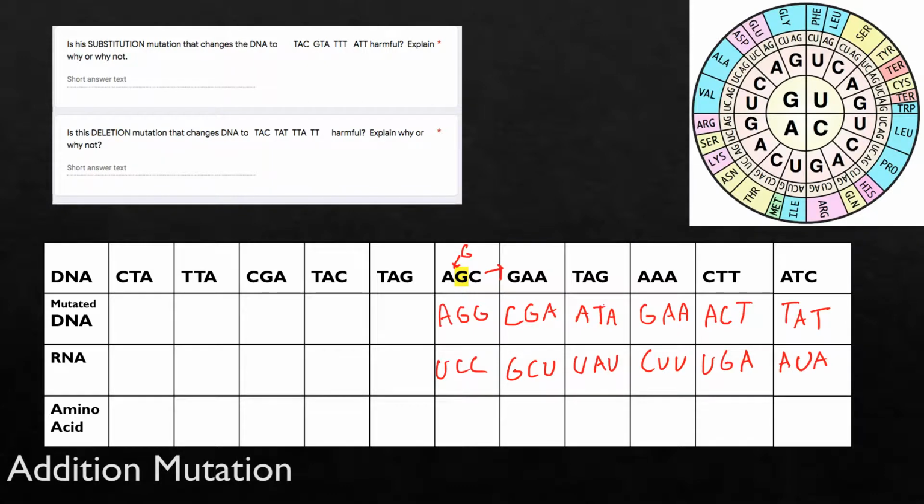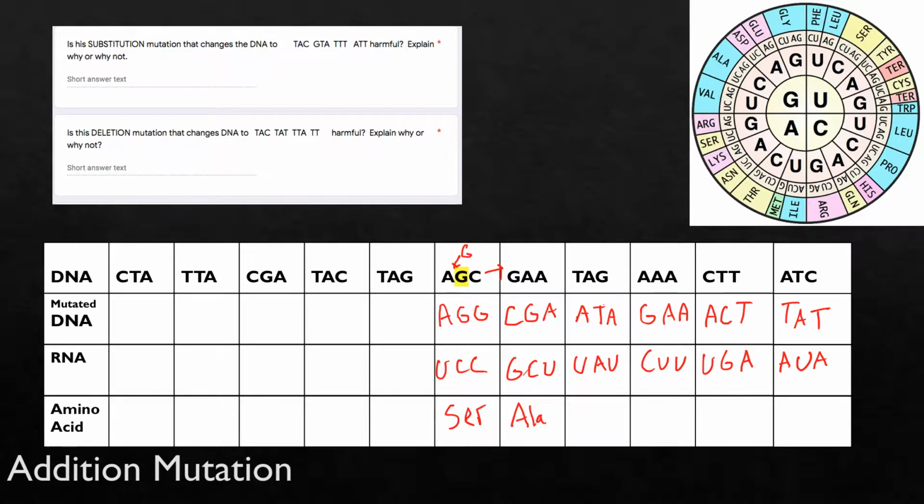So let's take a look at what that would be. UCC is still serine, so no change in that first codon, even though we inserted a base. GCU is now alanine, which I'm pretty sure is going to be different. So we'll look at that in just a second.